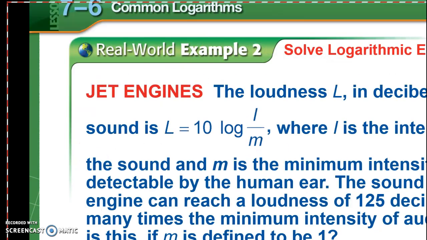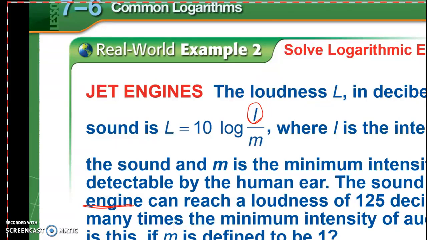It's just known. So here, the loudness in decibels of a sound is L, equal to 10 log of I over M, where I is the intensity of the sound and M is the minimum intensity sound that the human ear can detect. If we put M as 1, and we have 125 decibels for the sound of a jet engine, let's see how many times more intense the jet engine is than the minimum intensity of our ear.